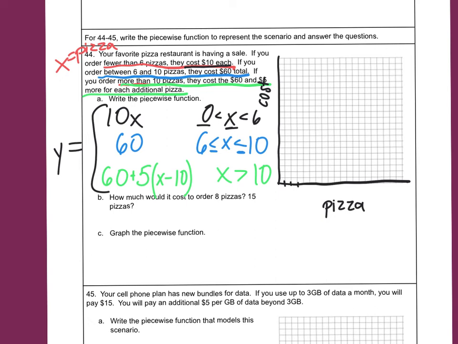1, 2, 3, 4, 5, 6, 7, 8, 9, 10 is right there, okay? So we'll put a couple numbers on here. 1, 3, 5, 7, 9. Okay, that's kind of sloppy, but you get the gist.